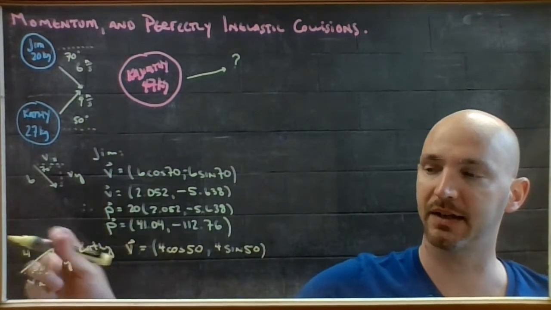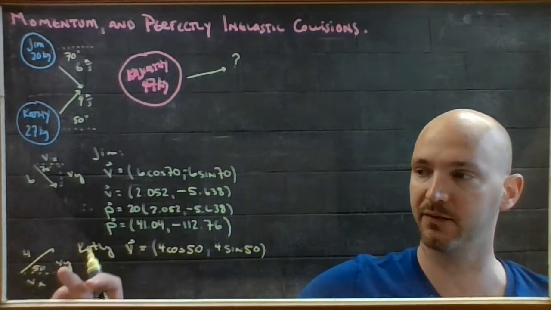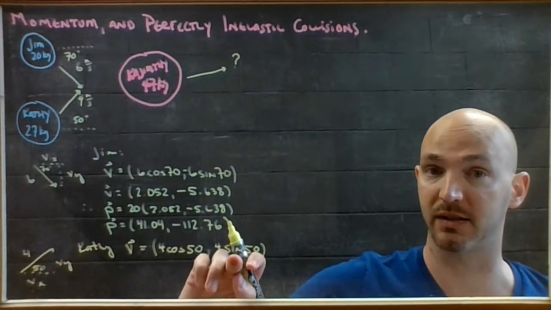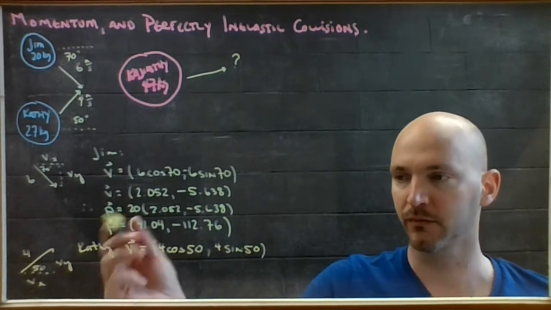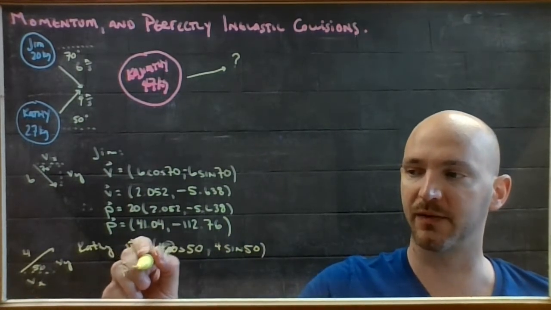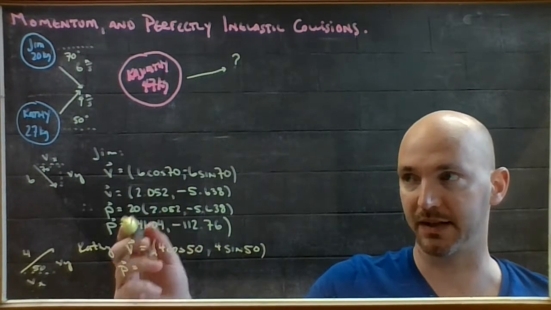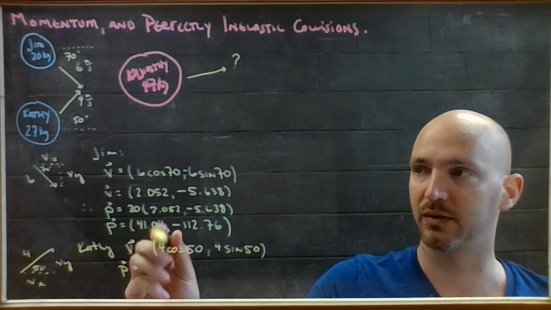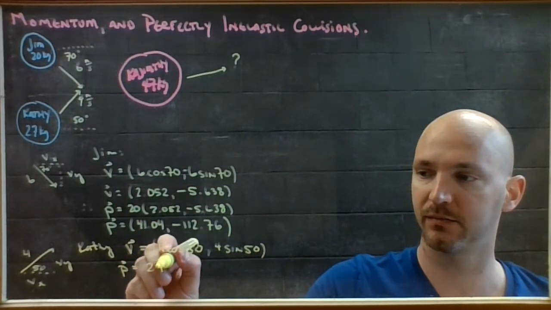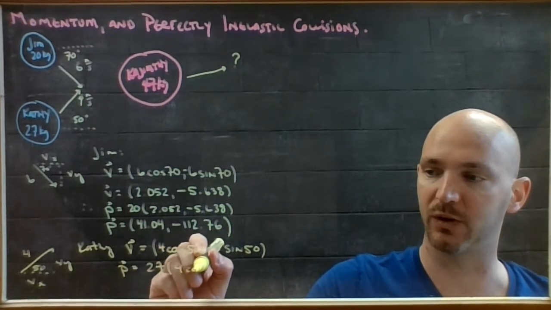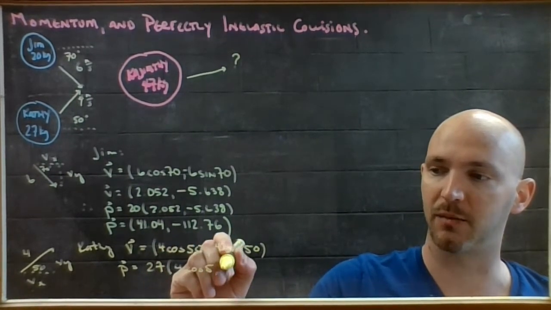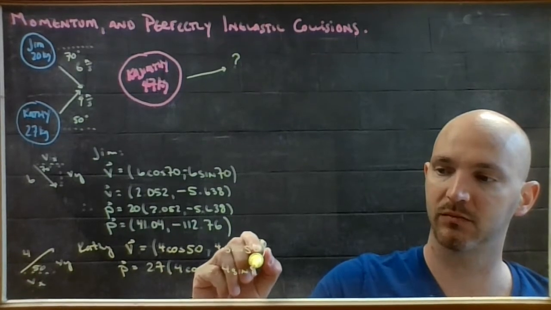And Kathy is headed to the right, so this should be positive, and up, so this should be positive as well. That means that Kathy's momentum vector will be Kathy's mass, so that's 27, multiplied by 4 cos 50, comma 4 sine 50.